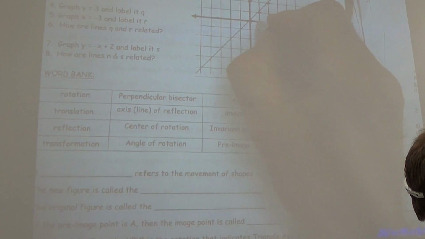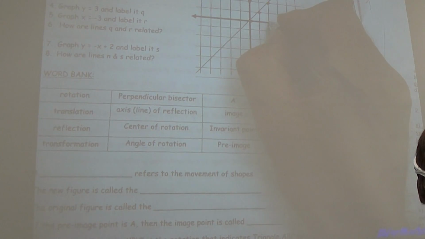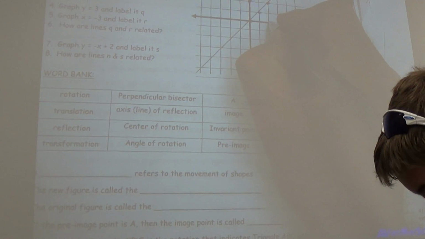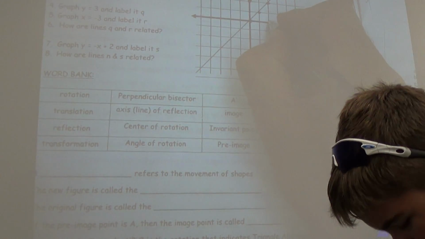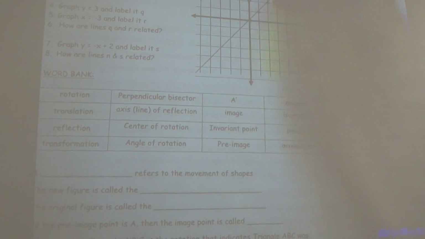If x is 1, what is y? 3. If x is 2, what is y? 4. Okay. Now you're going to just graph that line.